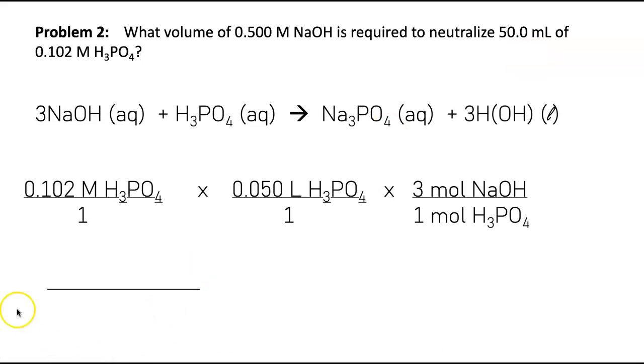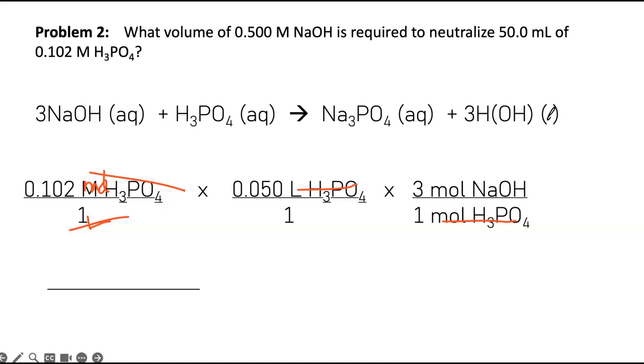I did my molarity, which of course is, whoops, let me go back one, which is of course the moles per liter. So if big M is my moles per liter, you can see that my liters of H3PO4 cancel out. Now my moles of H3PO4 cancel out. And I've got moles of NaOH.